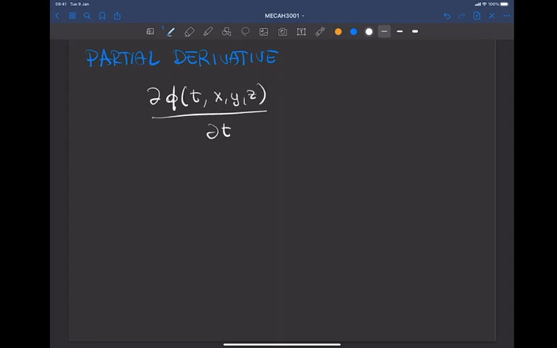Then, of course, if you take the partial derivative in time, it means that you are holding constant all the other variables x, y, and z, and this is indicated by the subscript that you put outside of these parentheses. Okay, and then we are going to introduce something that we will use a lot in this course.